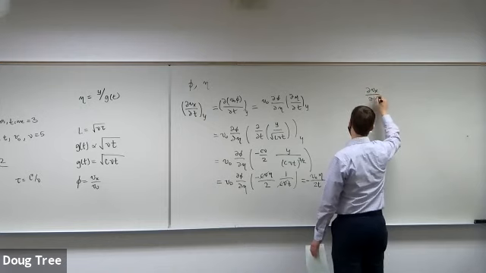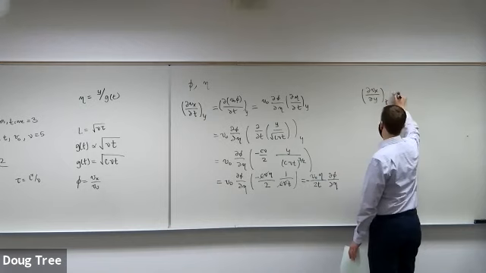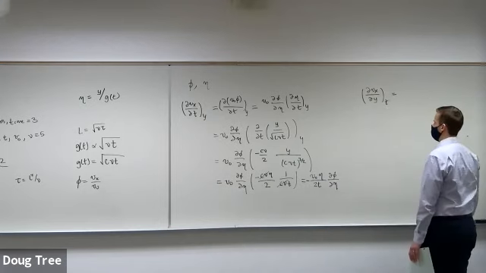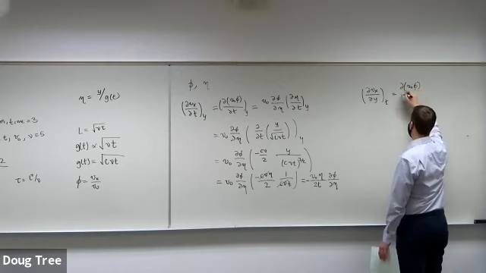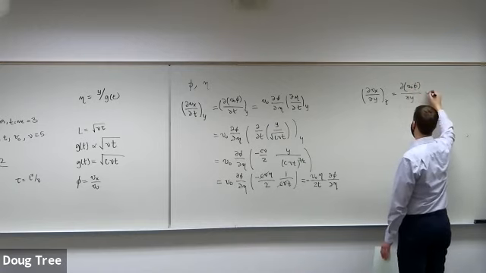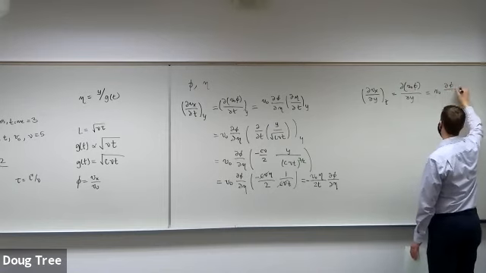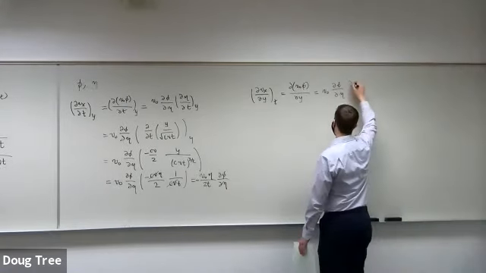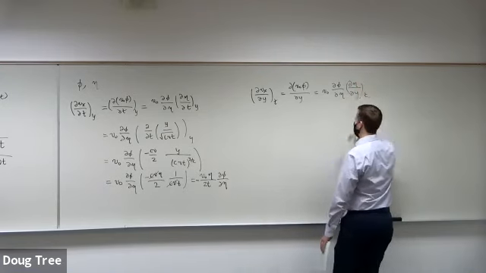I need to do dvx/dy. That one's going to be at constant t. Well, that's going to be v naught d phi/dy. This is going to be v naught d phi/d eta, d eta/dy, for this constant t.